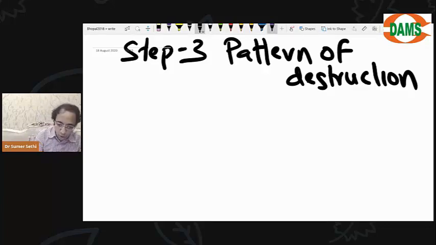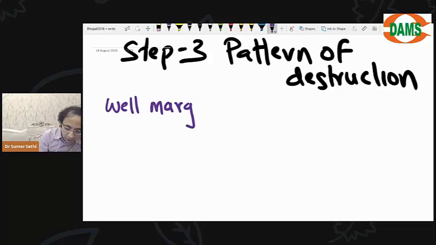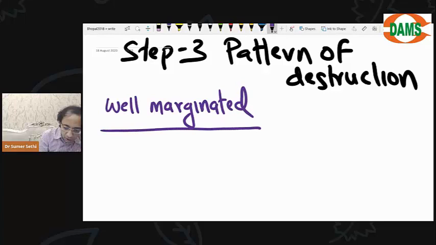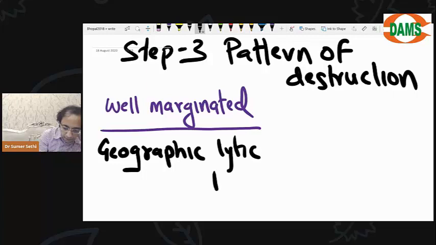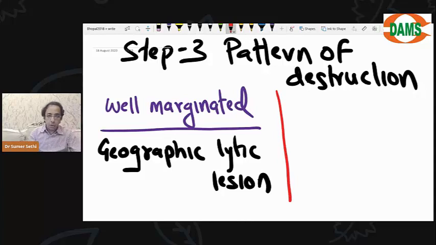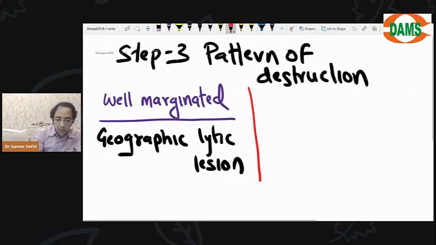If a tumor is causing well marginated destruction, that means you can make out the margins easily, it is well marginated lesion, you are thinking of benign, I will call it as geographic lytic lesion. Okay, that means if I'm able to take a pen and draw an outline around the tumor, I will call it geographic lytic lesion.